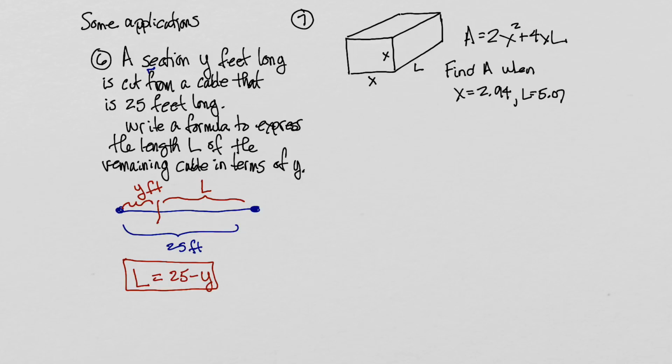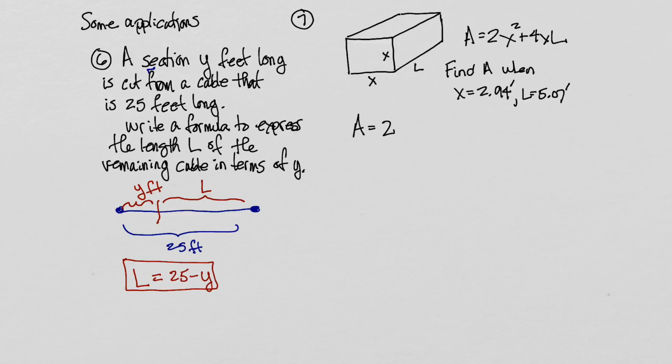So what we're being asked to do is find the total surface area of this box, given that x is 2.94 feet, and 5.07 feet for L. So let's substitute and compute. So we're getting A is equal to 2. Right now I'm just substituting right into this formula.